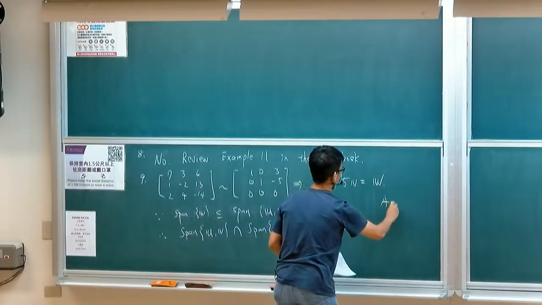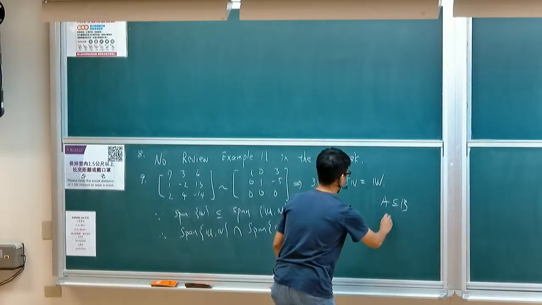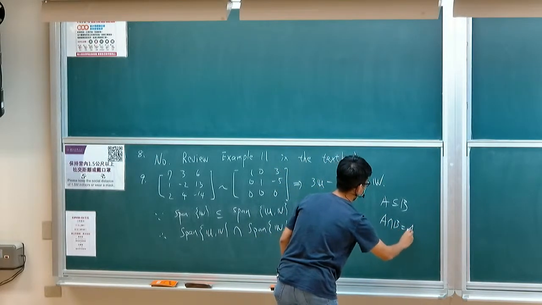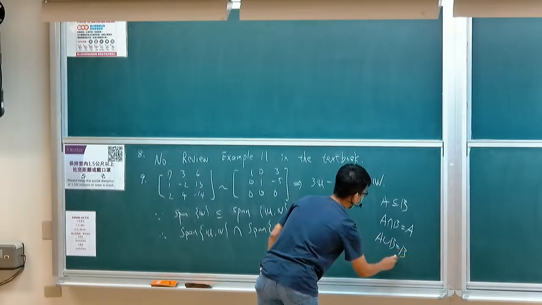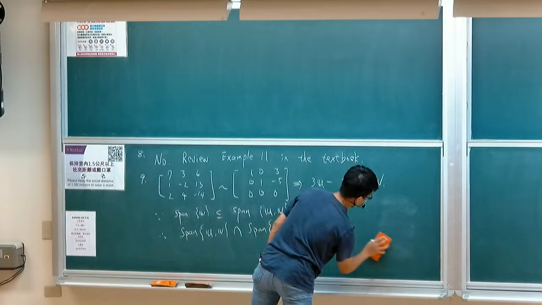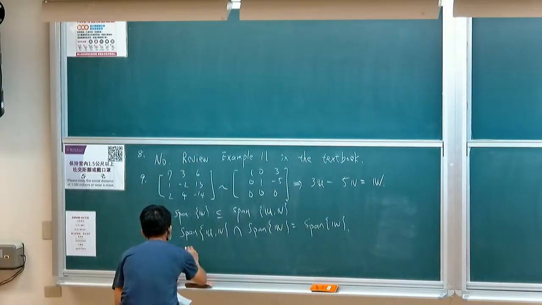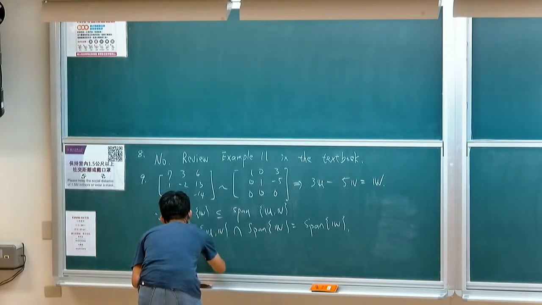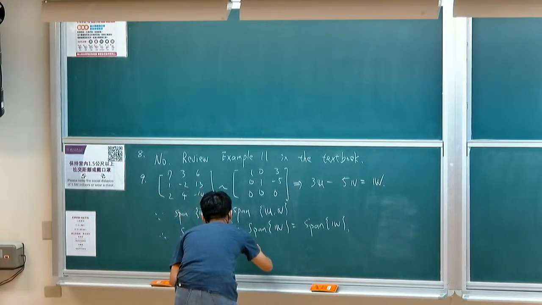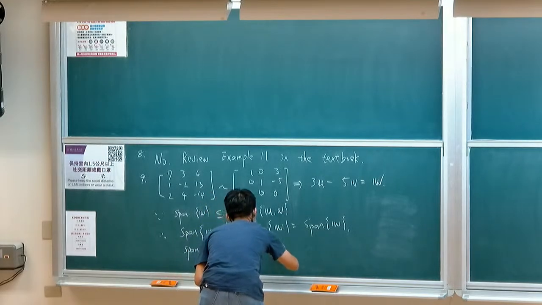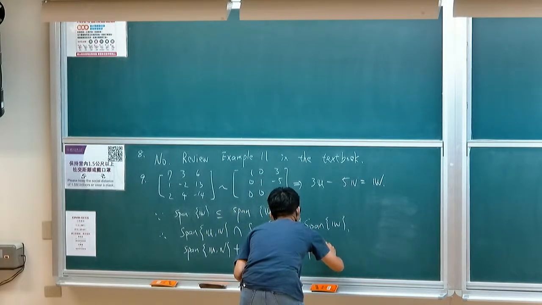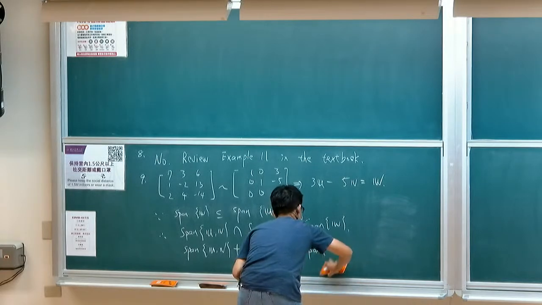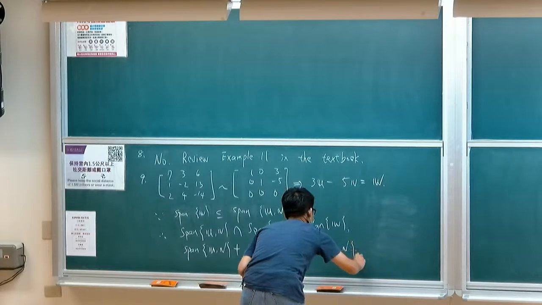Since if you have two sets and A is inside of B, then the intersection of A and B is A, and the union of A and B is B. So this is equal to span of u and v.